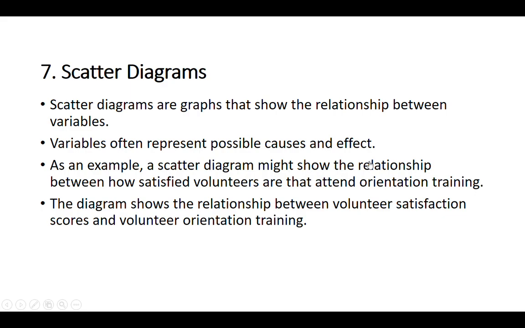Then this is a scatter diagram. We have already shared about a scatter diagram. It also shows the cause and effect relationship between what is happening in the organization. So you plot two variables, one against the other, and then afterwards you can create a relationship there.